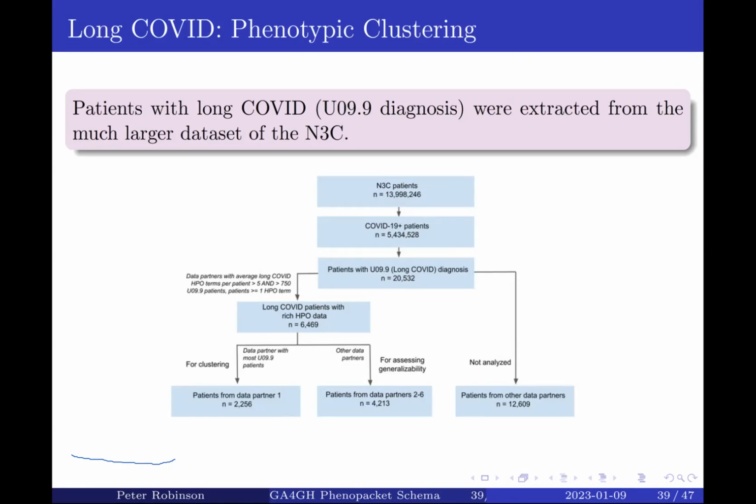And our question was, and this was motivated by many other studies and just talking with patients, some patients with long COVID have very serious manifestations in many different organs, but many patients sort of just have pulmonary or cardiological or whatever symptoms. And we wanted to know, can we actually detect that using EHR data?